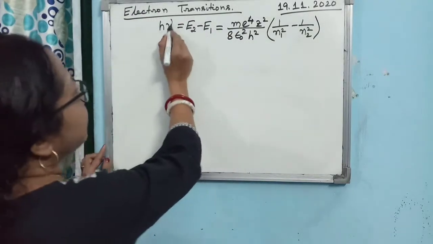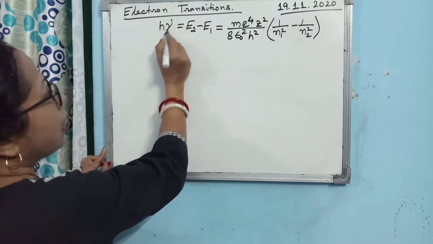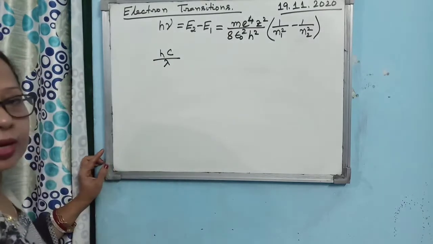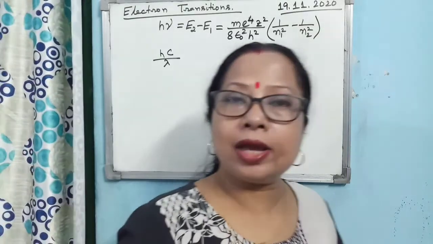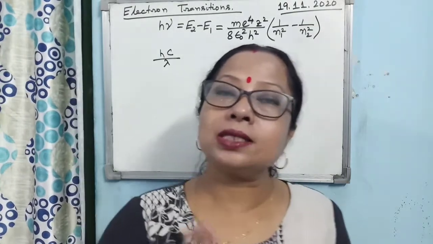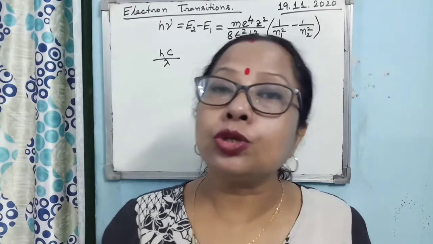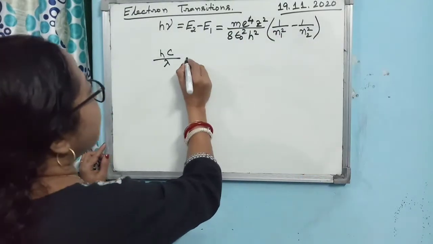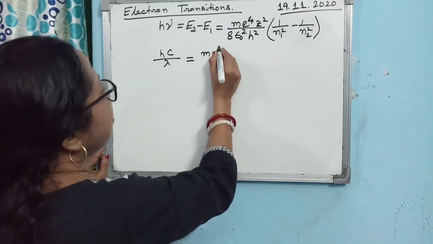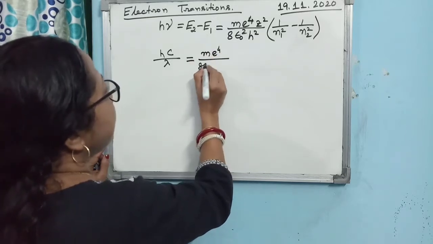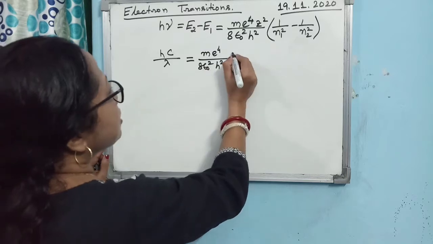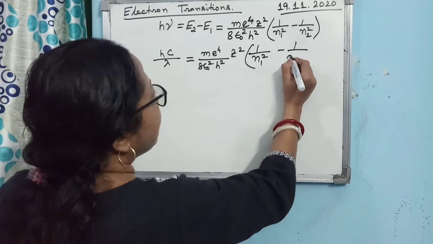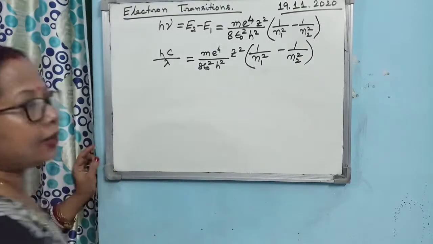Now you see h nu is this. Again you know the frequency nu is equal to c by lambda. I hope you remember that the velocity of an electromagnetic wave is given by c equal to nu into lambda. So nu you can write as c by lambda. So you are getting hc by lambda is m e to the power 4 by 8 epsilon naught square h square into z square into 1 by n1 square minus 1 by n2 square.